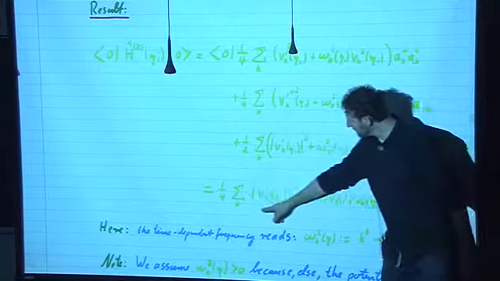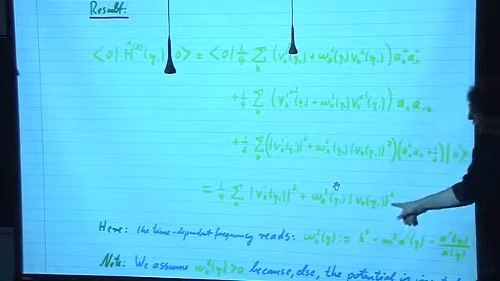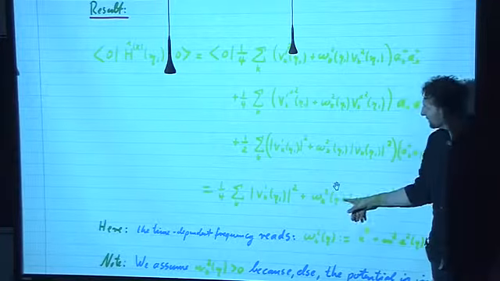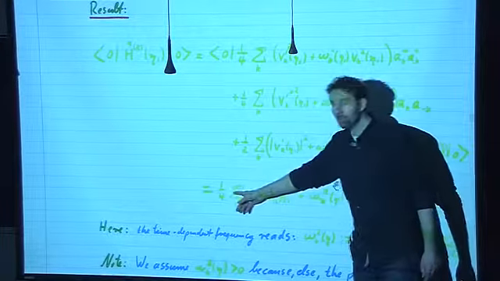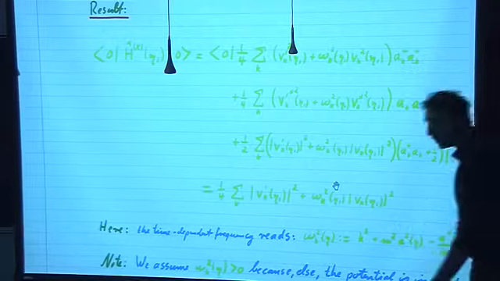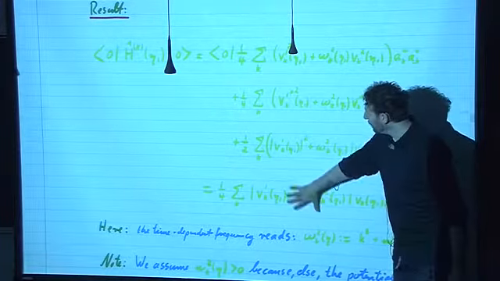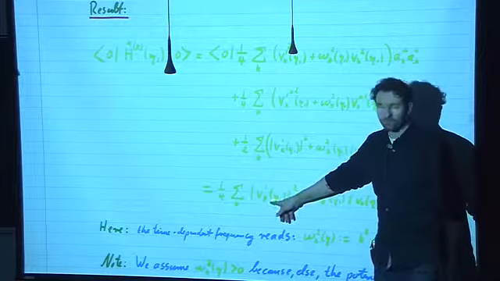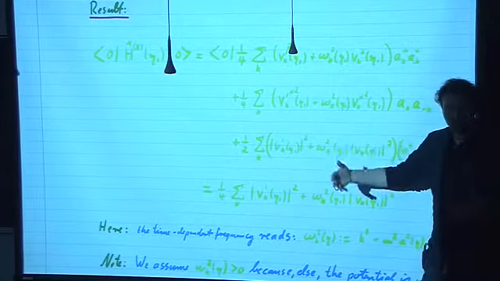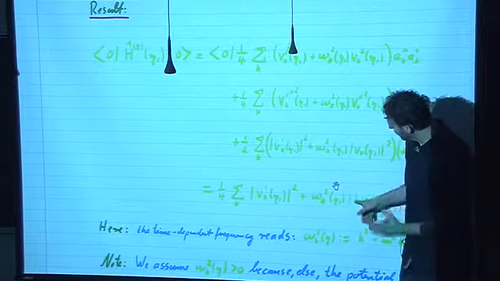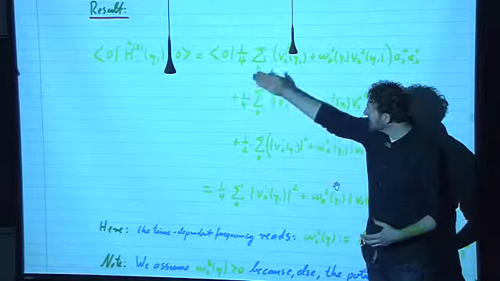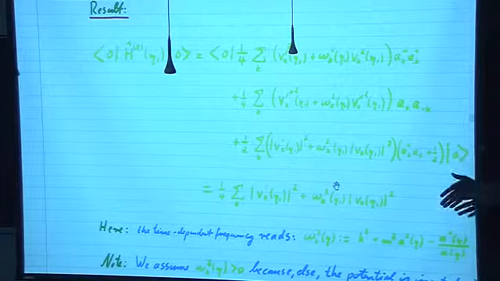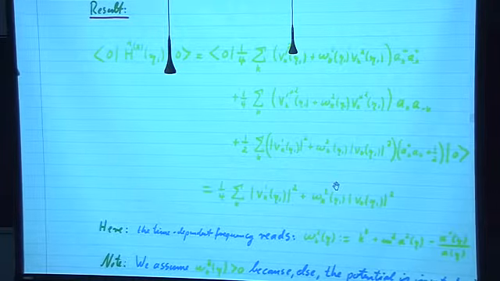So this is positive, and that is positive. Ordinarily, this is also positive, which means that the energy is bounded from below. What the value of the ground state energy is will depend on the choice of v, the mode function, and we will minimize it in a moment. We will calculate what mode function we should choose such that the energy is the lowest. And then our hope is that this is the vacuum state, the lowest energy state.